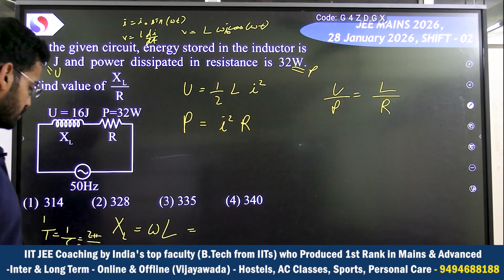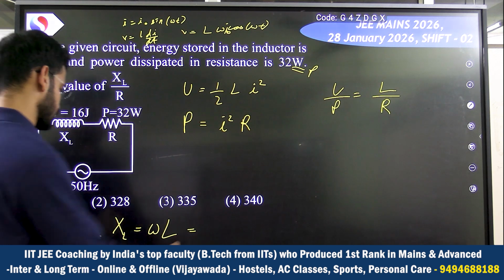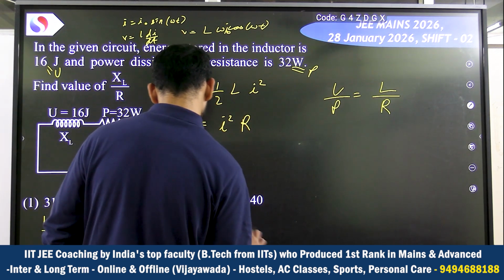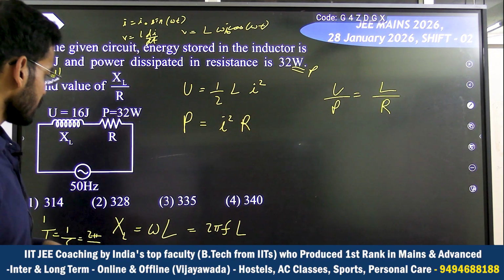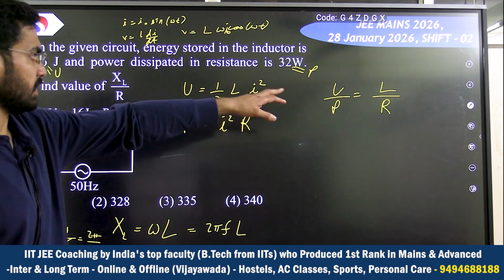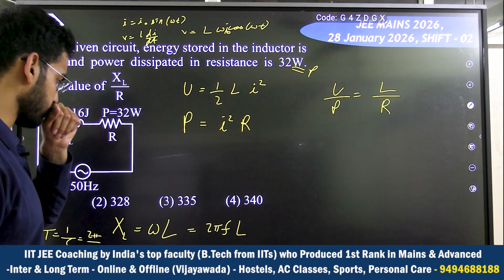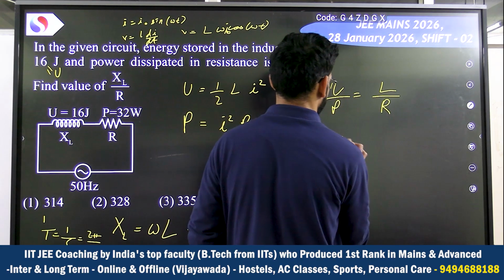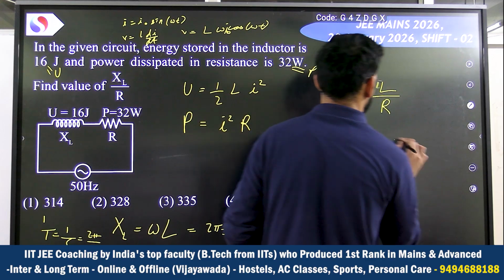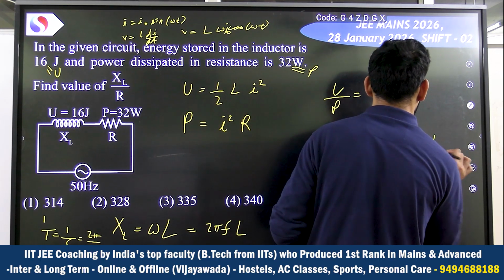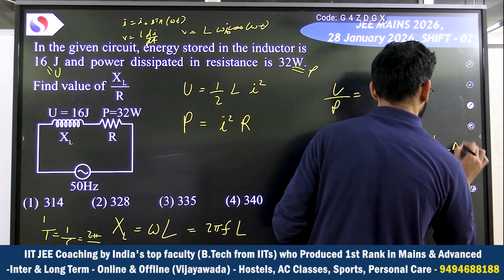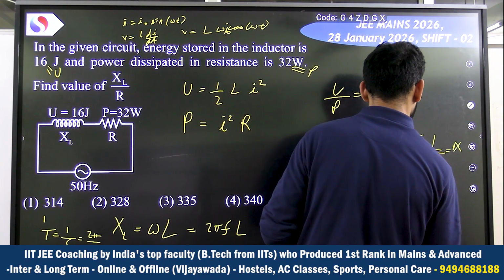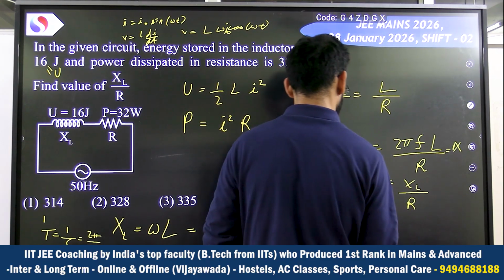So XL can also be written as 2 pi f into L. If I want to create XL there, I have to multiply both sides with 2 pi f. So 2 pi f U by P is equal to 2 pi f L by R, and this is only XL by R.